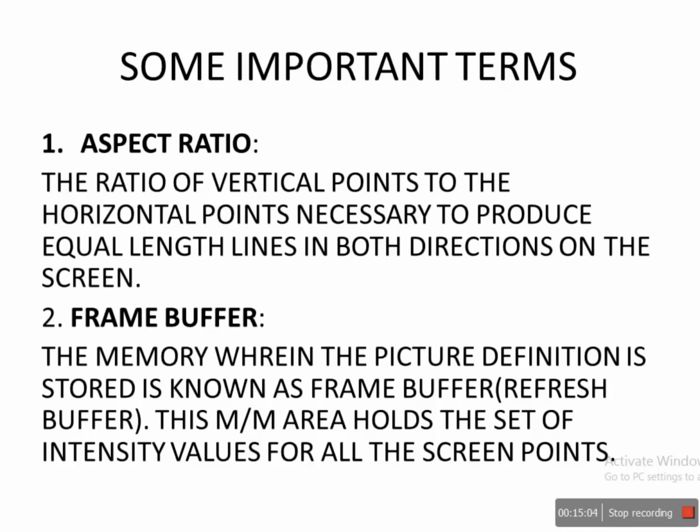We are just trying to display as close as possible to that image by illuminating some points and not illuminating some other points. These picture definitions are stored in the memory buffer or frame buffer. From there we get to know which points on the screen have to be illuminated and which we don't need to illuminate. So all that data is stored in the frame buffer.